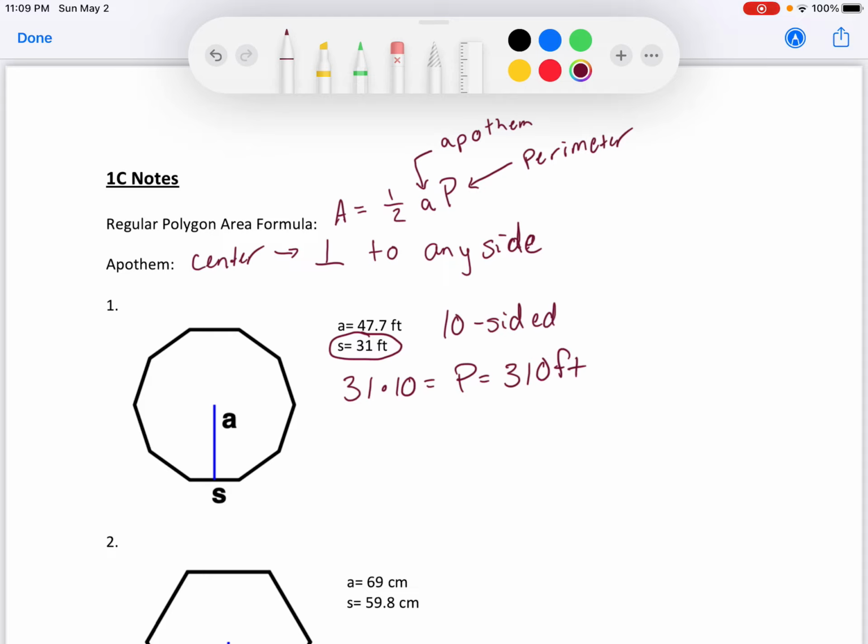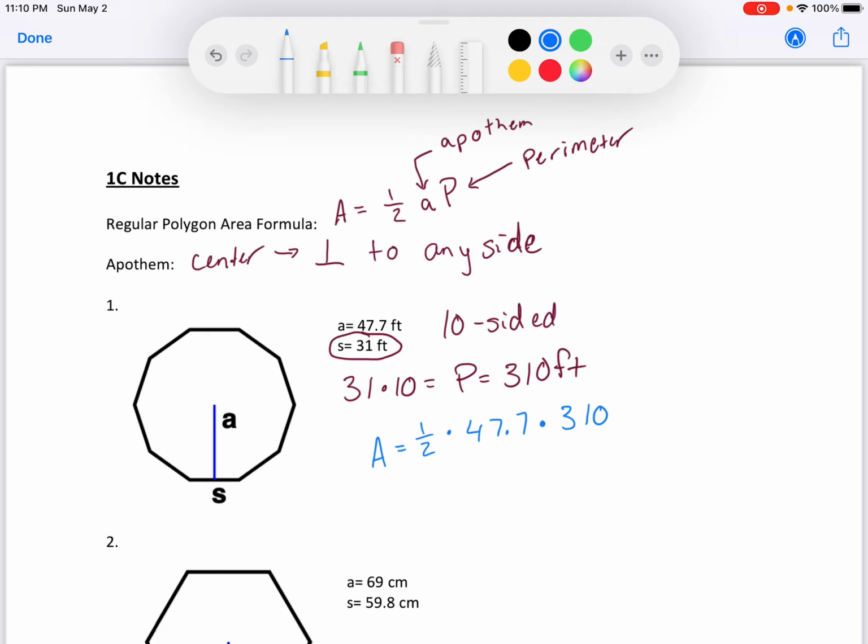So our apothem being 47.7 feet and our perimeter being 310, when we plug this into our formula, we're going to have the area of this figure equals 1/2 times our apothem, which is 47.7, times our perimeter, which is 310.